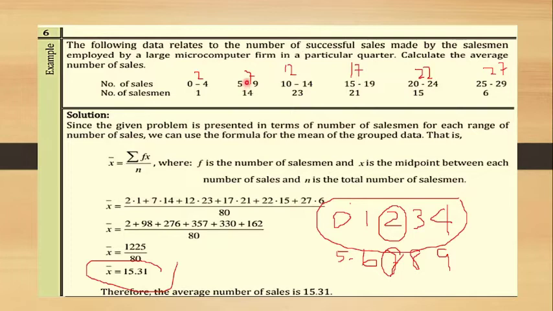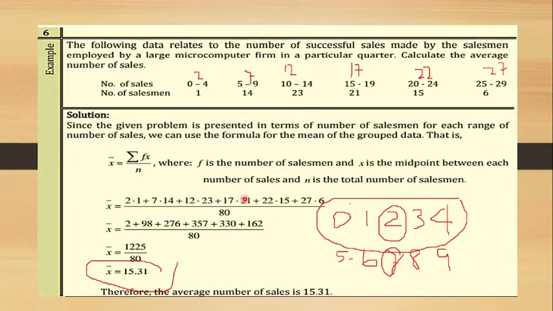Plus 14 times 7, plus 23 times 12, plus 21 times 17, plus 15 times 22, plus 27 times 6, all over n.